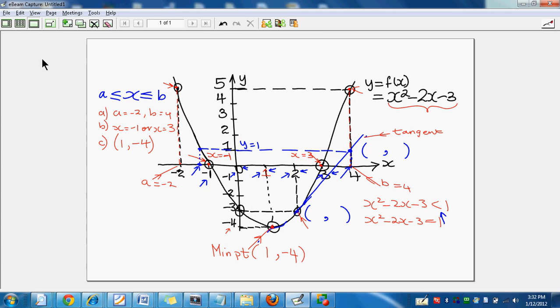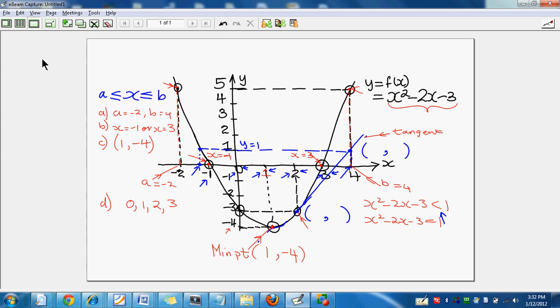So the answer for part D, let's write that down here. The answer for part D would be the whole number values for x, for which x squared minus 2x minus 3 is less than 1, would be these values: x equal to 0, x equal to 1, x equal to 2, x equal to 3.